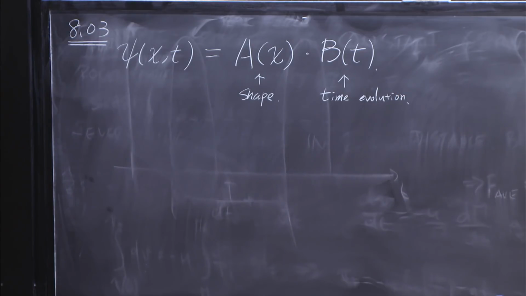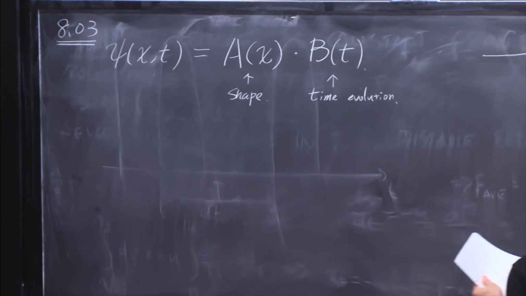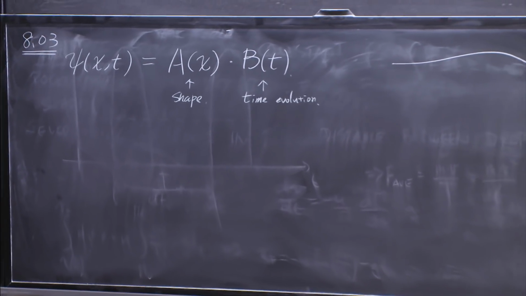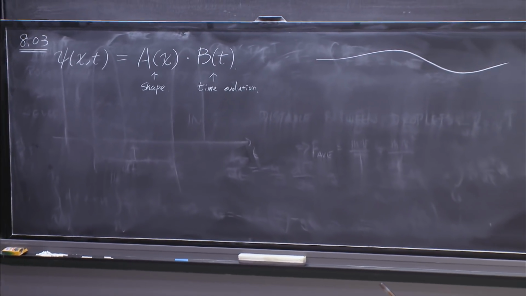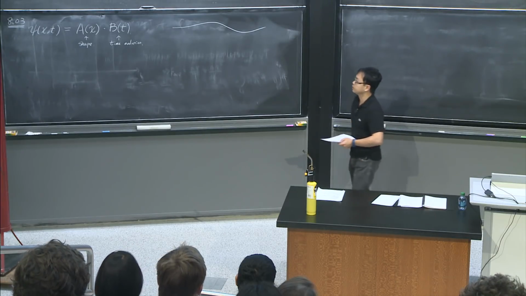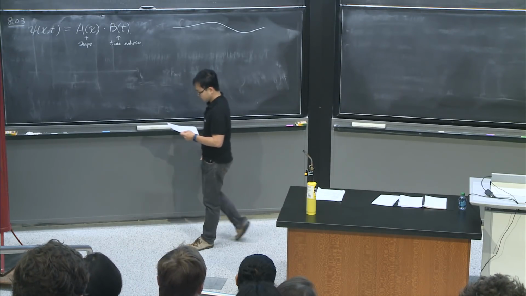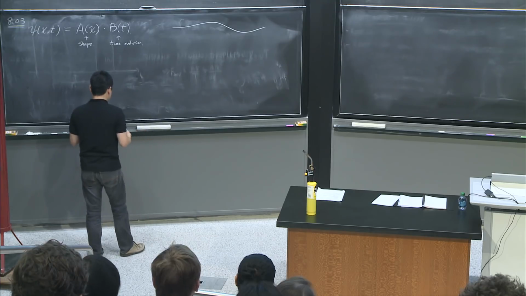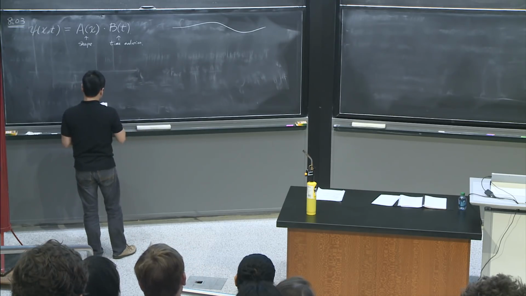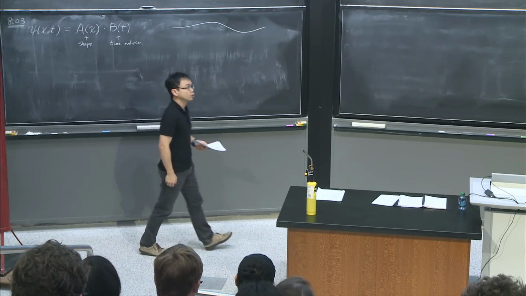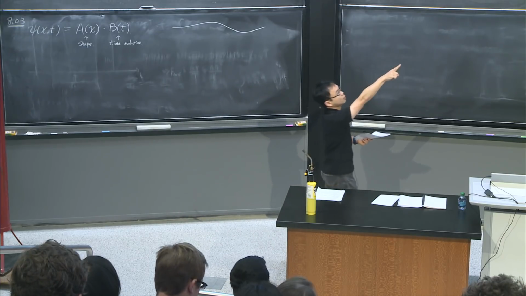We were using this wave equation to describe a continuous system, for example a string with tension T. We are interested in the solution of the wave equation, which is shown there.